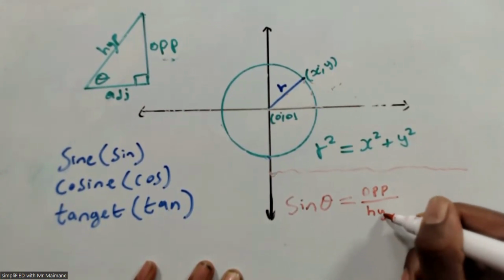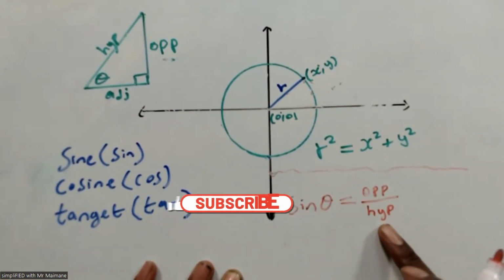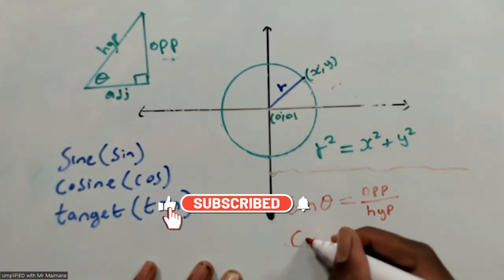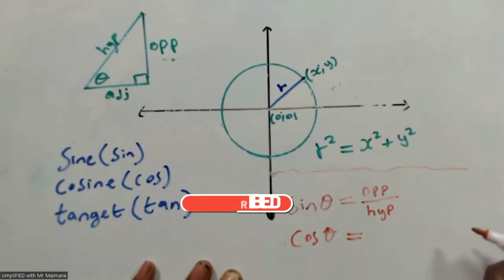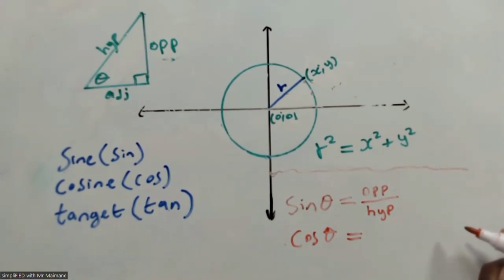So sine theta is equal to opposite over hypotenuse. Do you know what is cos theta? Can you guess? Do you know what is cos theta?